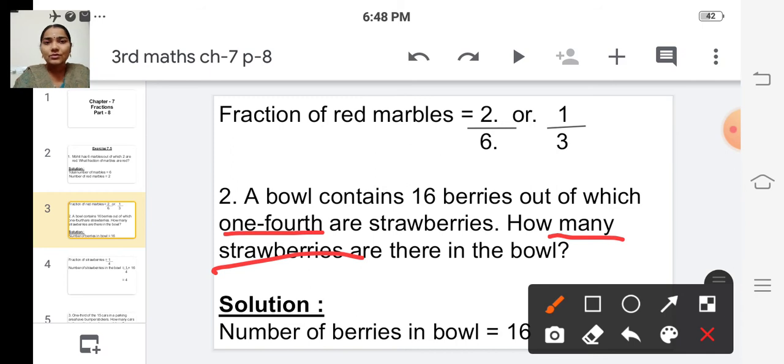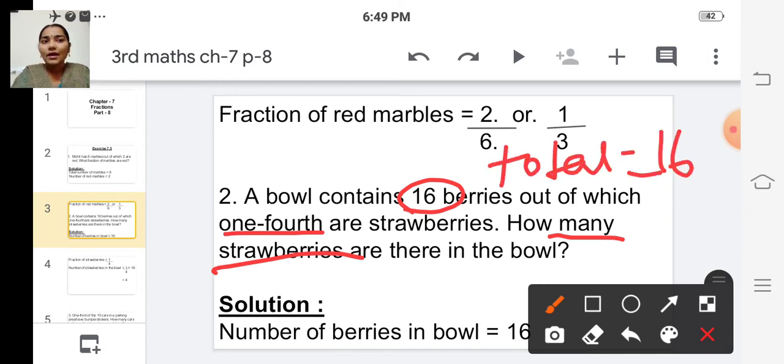So here the whole number is 16. Totally 16 berries are there in the bowl. And they have given the fraction 1/4. So 1/4 of 16.